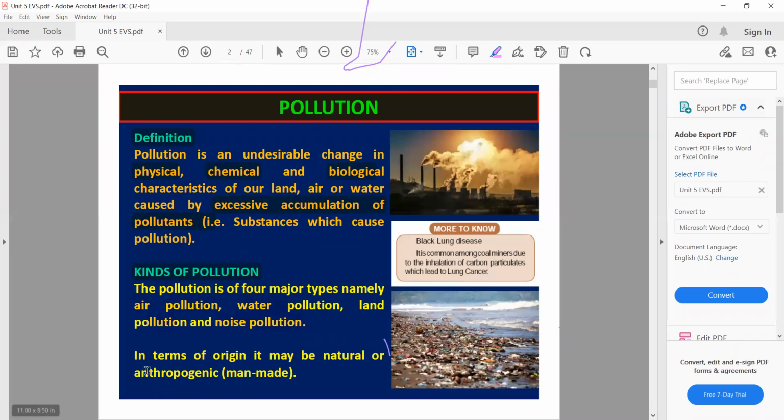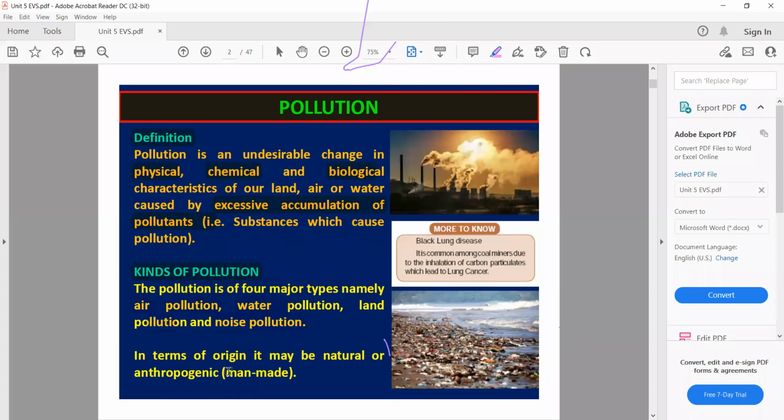In terms of origin, pollution may be natural or anthropogenic. What is natural? Natural is that which comes from nature. That is a natural pollutant. Suppose there is a volcanic eruption. The toxic gases that come out pollute the air, the soil, and nearby water bodies, but we can't help it.